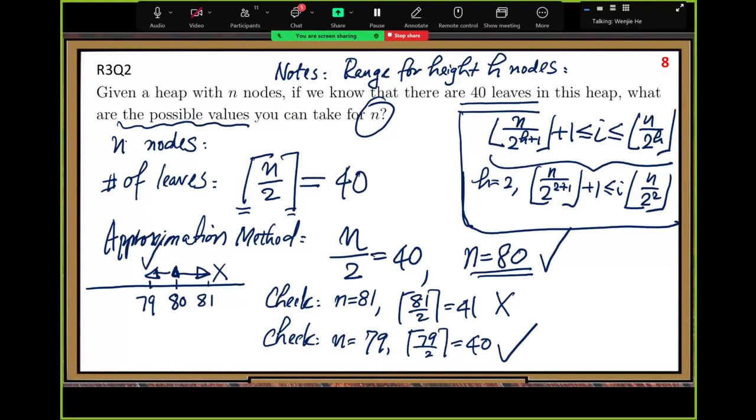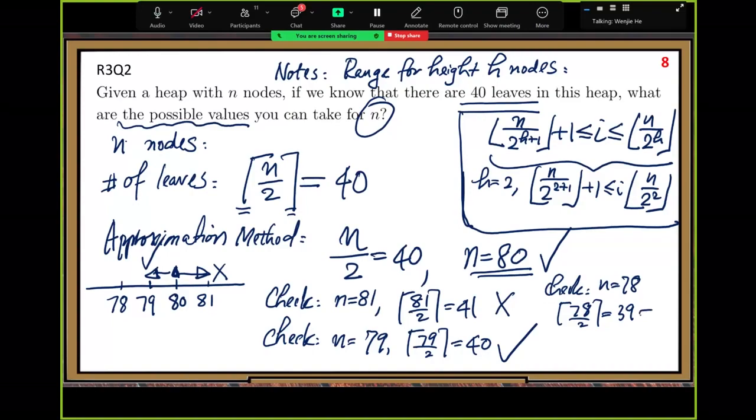Because 79 is a solution, how about 78? Is 78 a solution? So next you check n equals 78. That's 39, not 40.